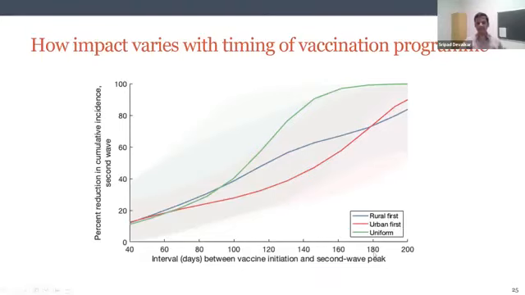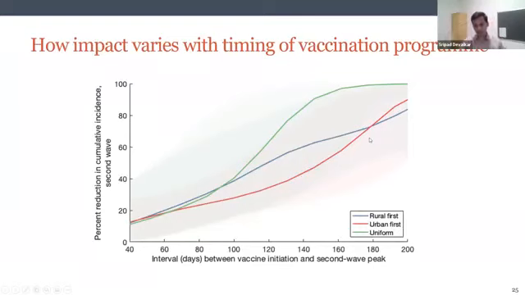Whereas if, let's say, the vaccination had started 6 months before the actual second wave peak occurred, then under a uniform strategy, you would have been able to avert pretty much most of the incidents that would have occurred. And the urban first and rural first strategies would have had lesser effectiveness.